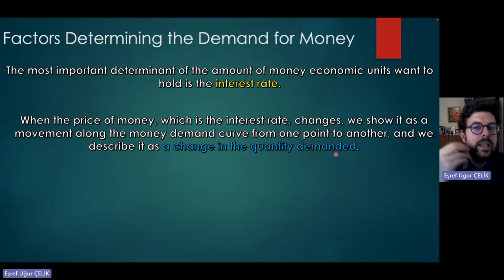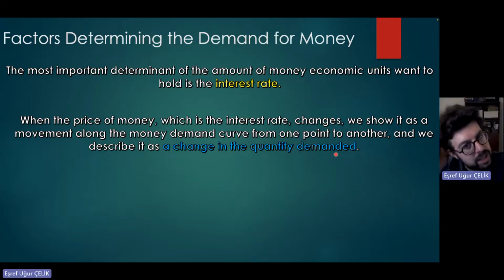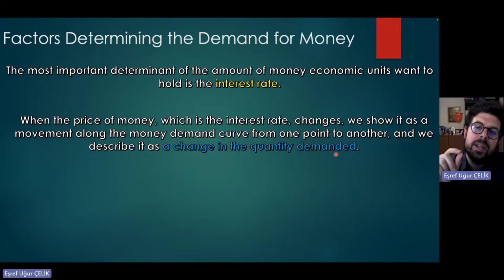And there are some other factors for determining the demand for money. If the interest rate changes, we can move along the demand curve. But if other factors change, we can shift to the right or shift to the left.